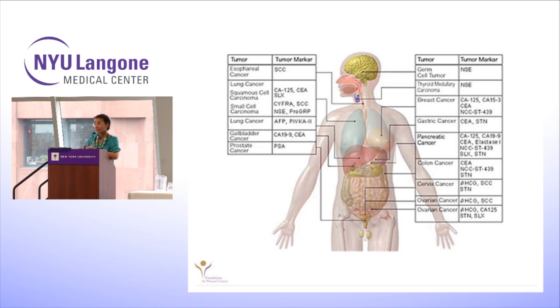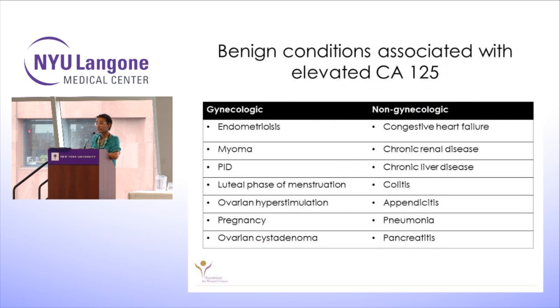It's actually been elevated in breast cancer, in pancreatic cancer, and in ovarian cancer. So it is not completely limited to ovarian cancer diagnoses. But more concerning, perhaps, is the fact that there are a multitude of non-cancer conditions that elevate your CA125.